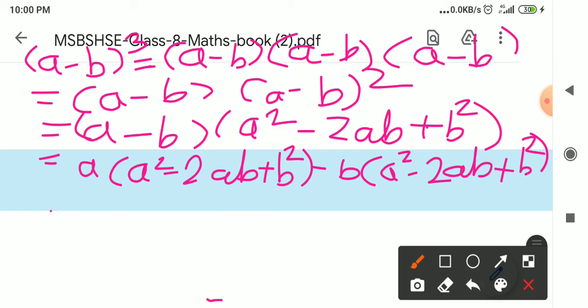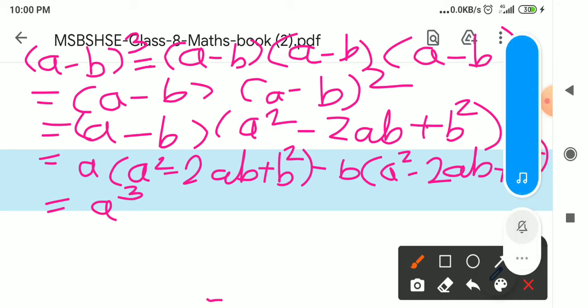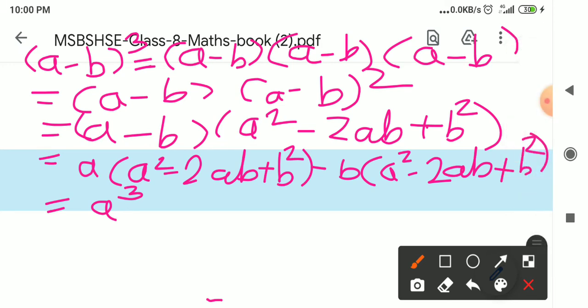So here a into a square: you know that the base is the same and there is multiplication, so we add the indices of both. So a cube.